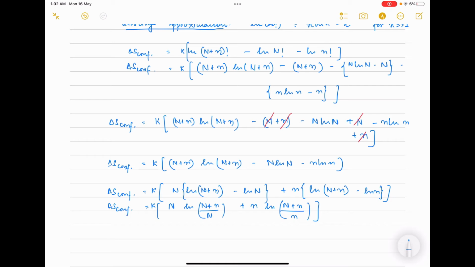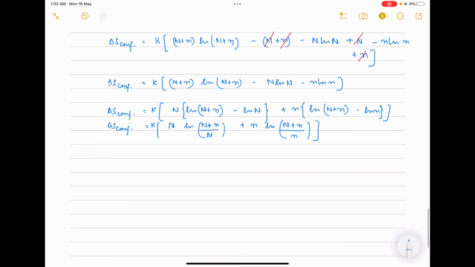Okay, now the number of vacancies is much less than the number of lattice sites. So we can say N plus n is approximately equal to capital N only.